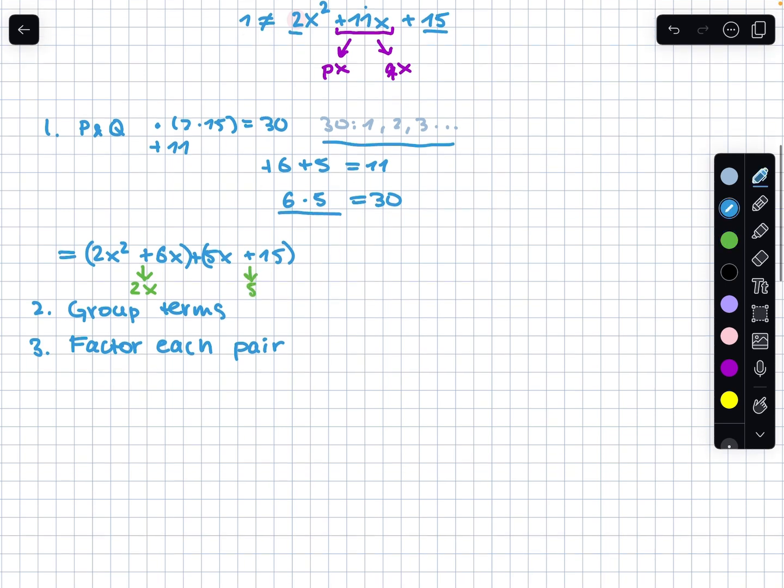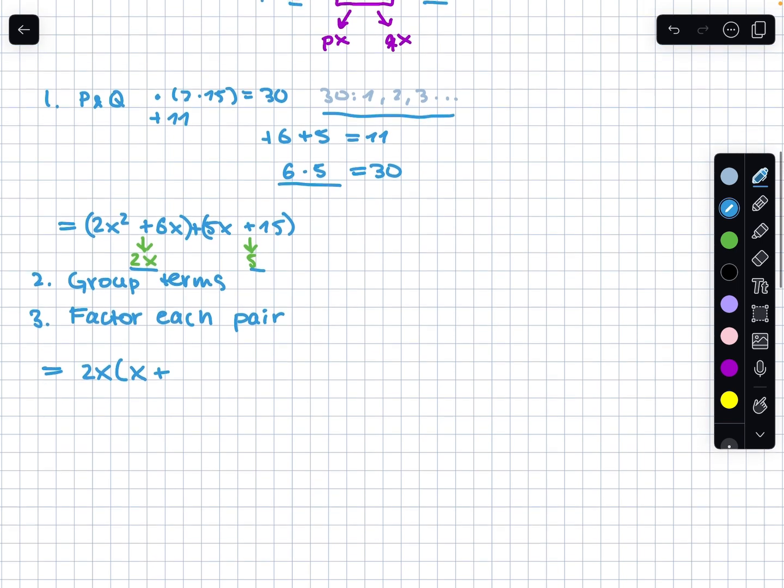Once you've found the common factor, you'll want to write it outside the brackets, just like so, and leave the remaining stuff inside. So take away 2x from 2x squared, you'll get x, and from 6x you'll get 3. Then we'll do the same in the second bracket. So we will have 5 outside, and then x plus 3.